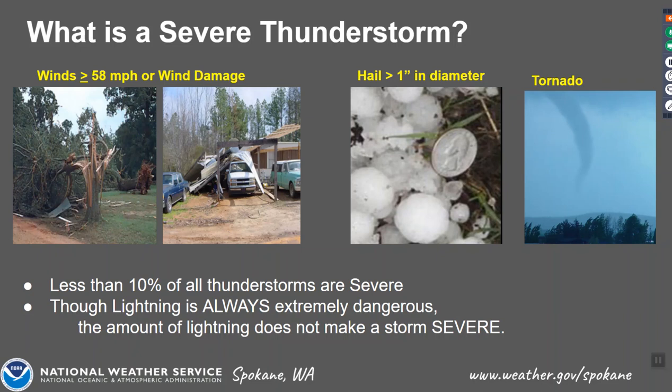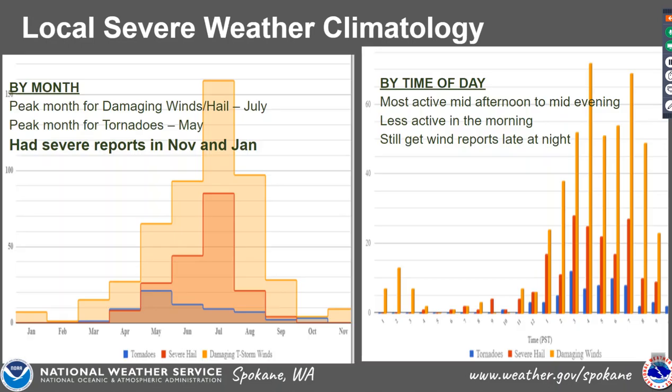So less than 10% of thunderstorms in our area are severe, but lightning is always occurring in thunderstorms, and it is always a danger. And so unfortunately, the amount of lightning does not make a storm severe. So you can have rampant lightning and it wouldn't necessarily be a severe storm unless it had 1 inch hail and winds greater than 58 miles an hour.